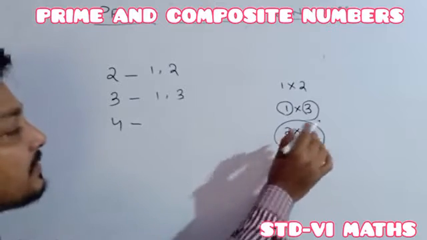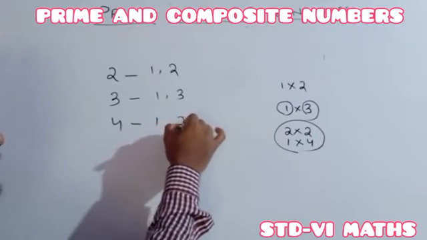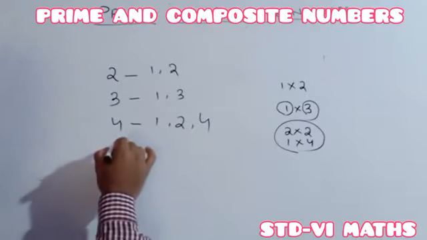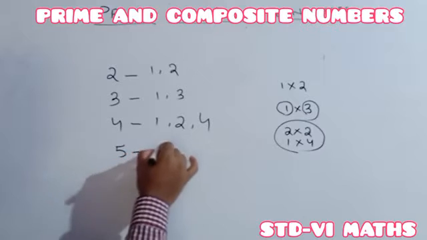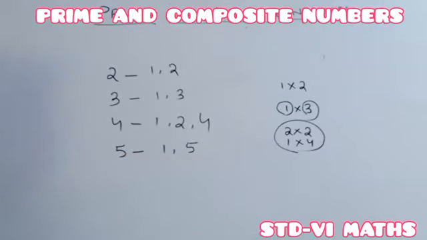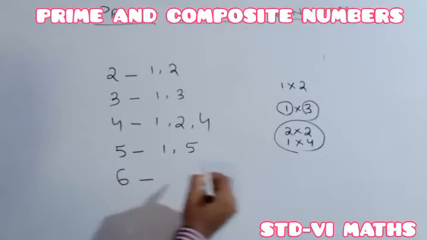Here it repeats, so you just have to stop there. So the factors of 4 are 1, 2, 4. And the factors of 5 you will get as 1 and 5. Understood? And the factors of 6, how will you get them?